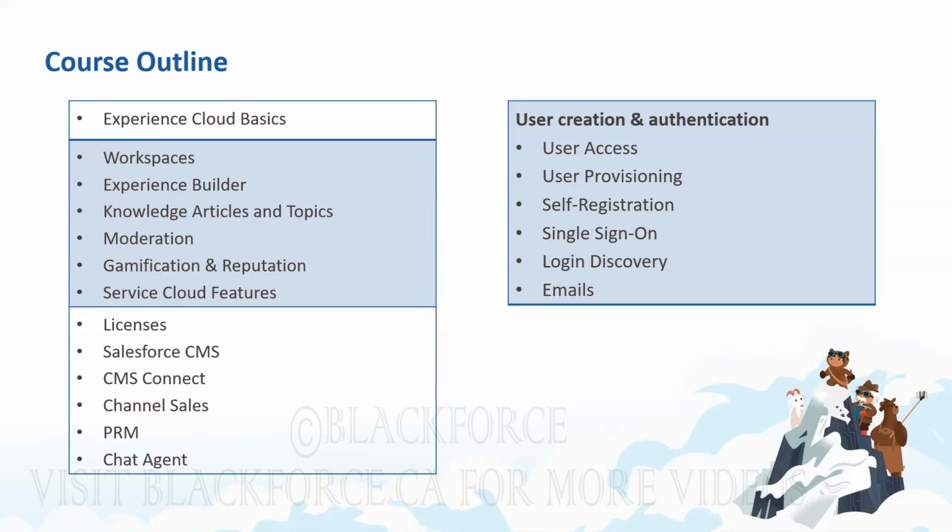Then we also looked at the different Service Cloud features that you can use in Experience Cloud. And then we learned about licenses, Salesforce CMS, CMS Connect, channel sales and PRM. And then we added the chats agent to the Experience Cloud. So on the left is what we're going to continue with today, user creation and authentication.